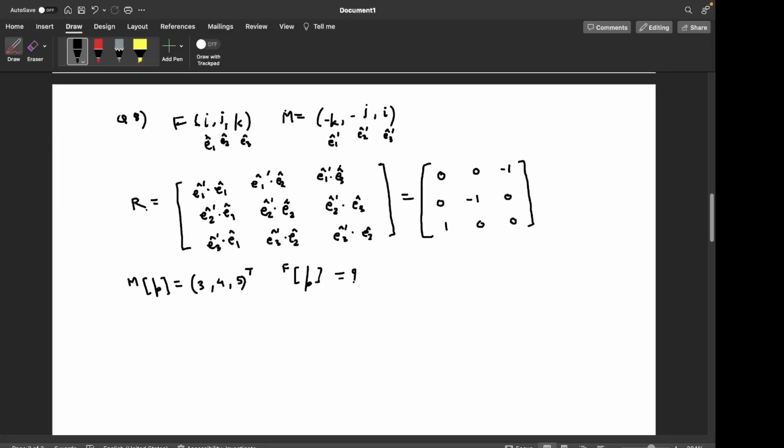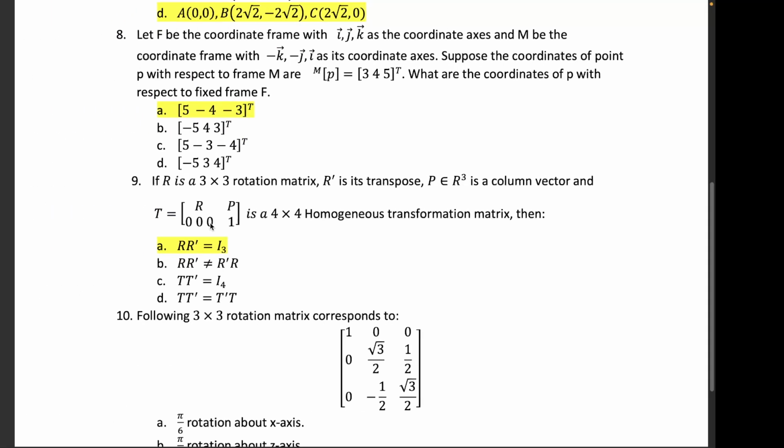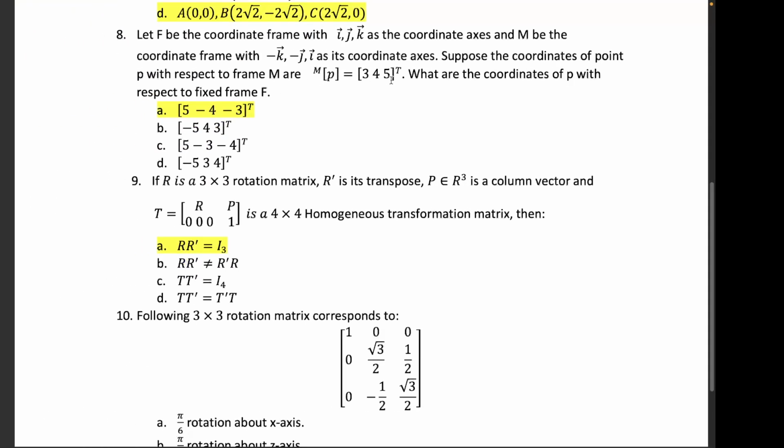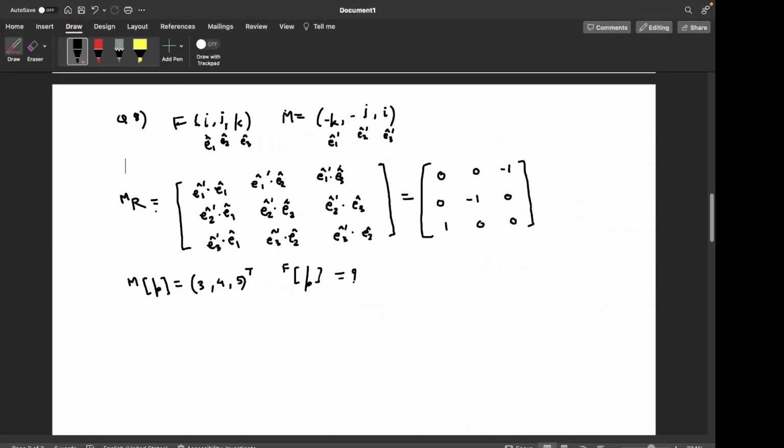So now this rotation matrix that we have computed, this transforms from M frame to F frame, right? So we can write, my bad, wait, three, four, five, right?